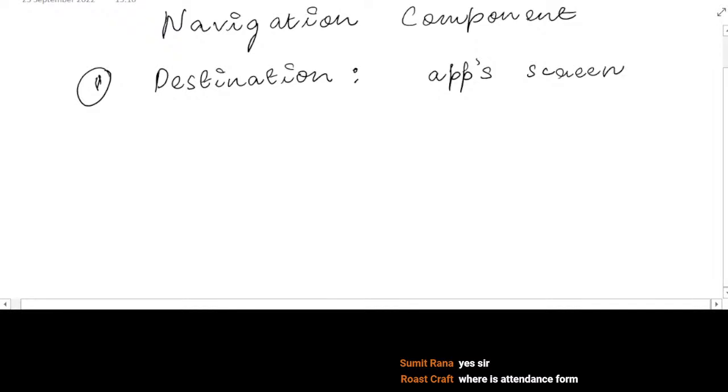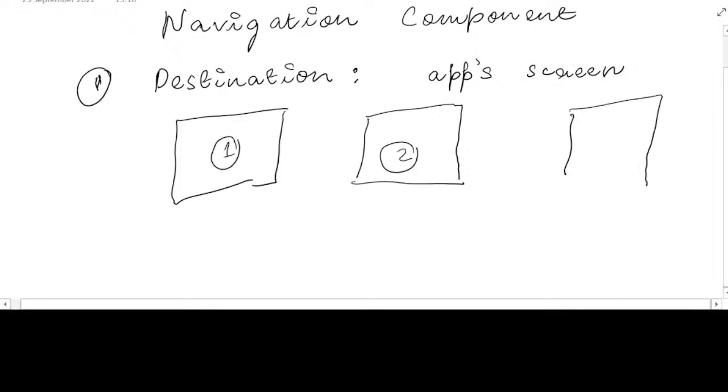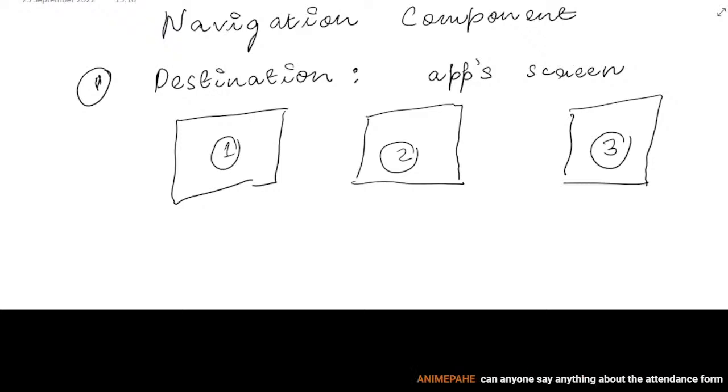We can have multiple destinations in our app. Suppose this is the first destination, this is the second destination, and this is the third destination, and so on. The screen that we have in our app is a destination, right?